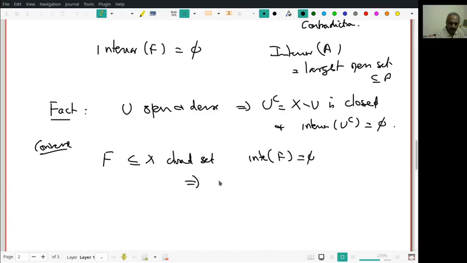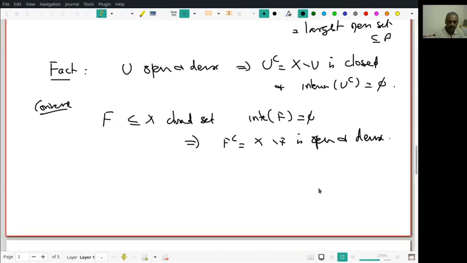Then its complement, F complement, namely X minus F, is open and dense. The proof is easy. Since F is closed, F complement, namely X minus F, is open. This is all right. Now I have to prove it's dense.